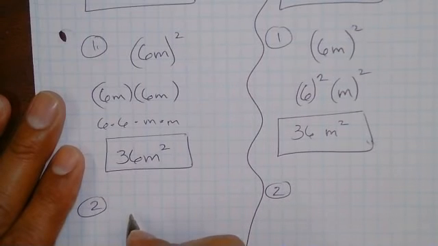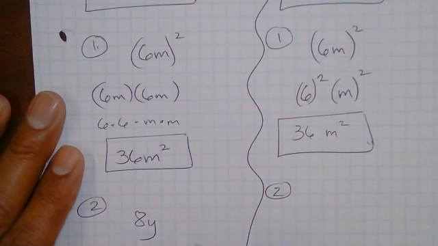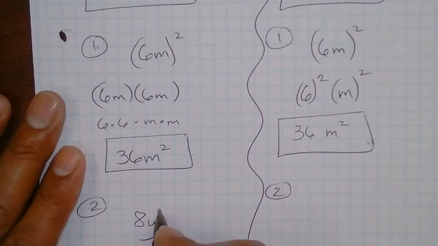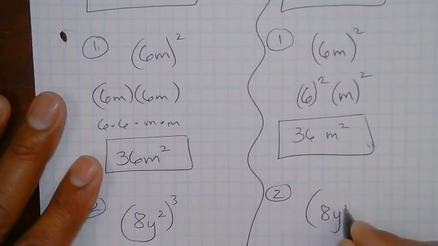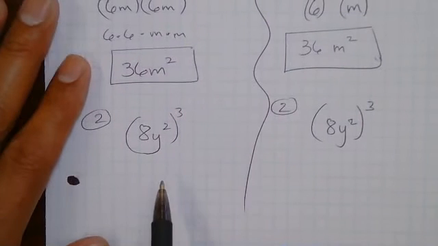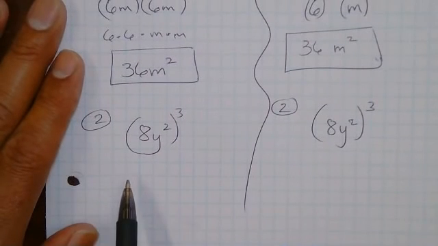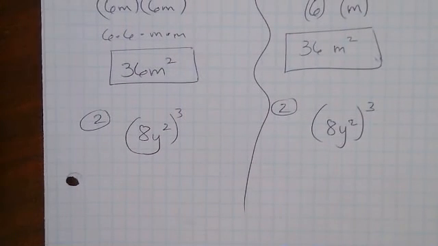It's very similar. How about if I put (8y squared) cubed, and then over here (8y squared) cubed. Go ahead and do it. Product rule and then power rule.